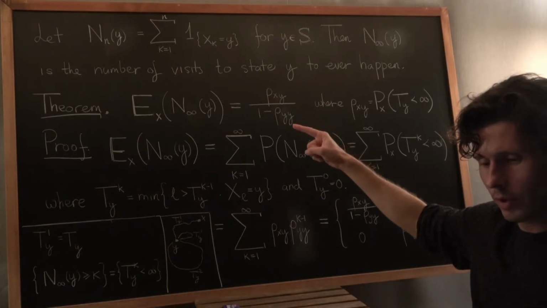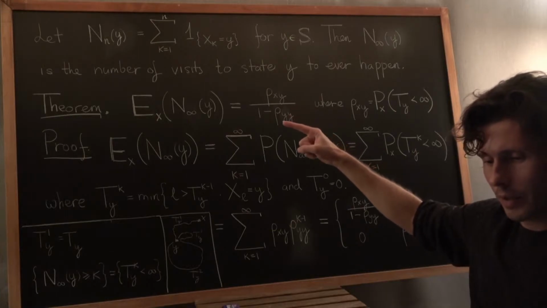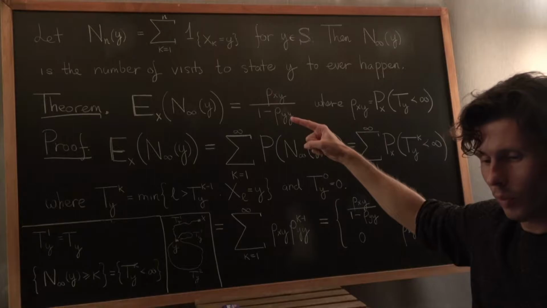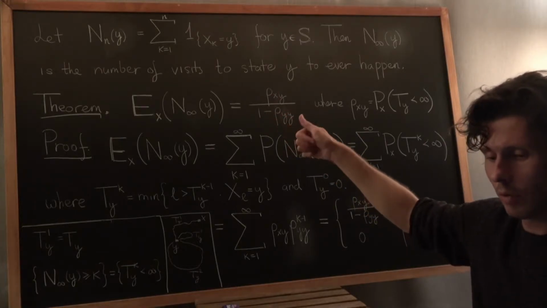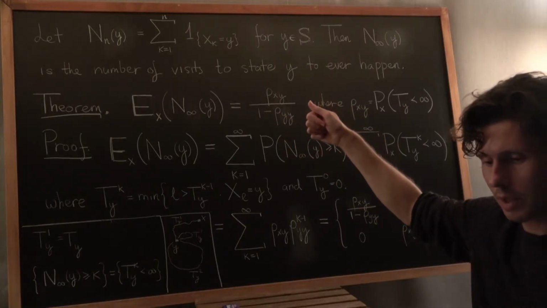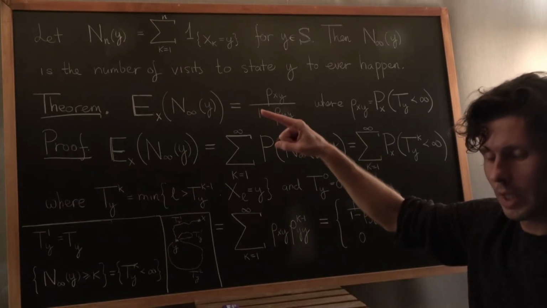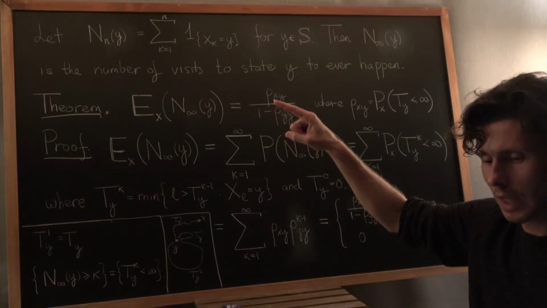Moreover, when y is recurrent, rho_yy, equal to rho_y, is equal to 1, so we get a division by 0, which brings this up to infinity, meaning that when y is a recurrent state, the expected number of visits to it is infinite.